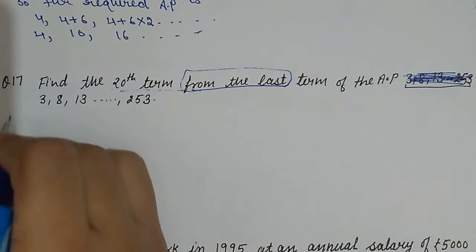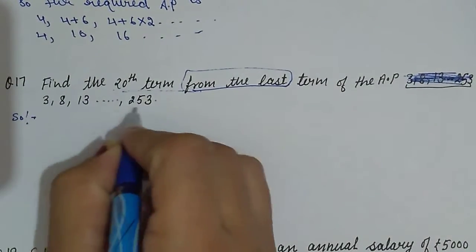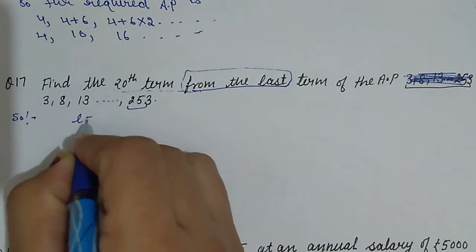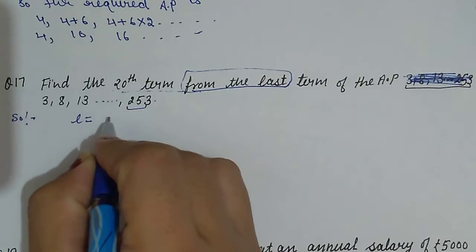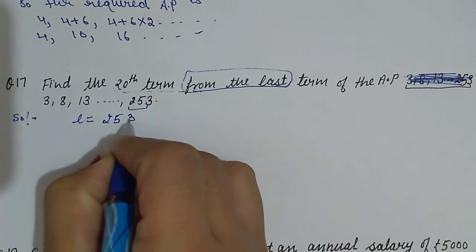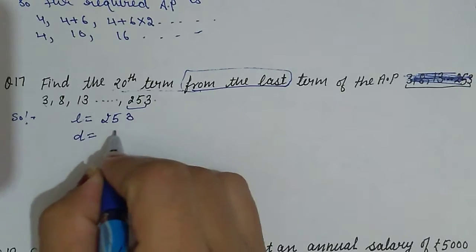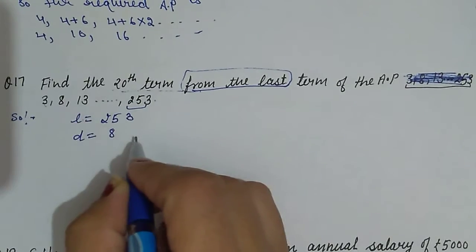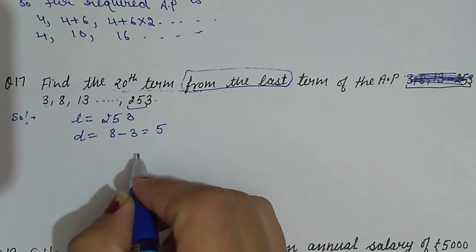So let's start. The solution: we have been given the last term. We denote the last term by L. L is equal to 253. Now D is 8 minus 3, that is T2 minus T1, which is 5.